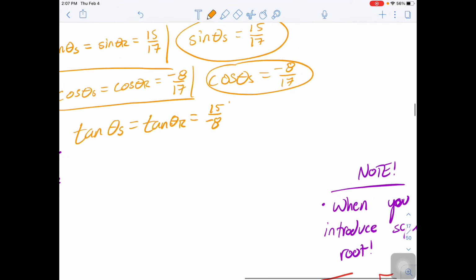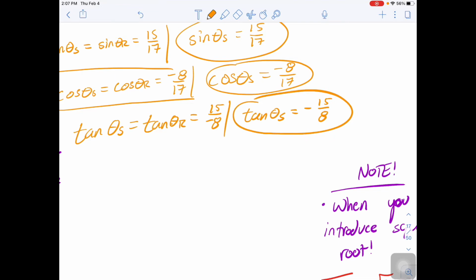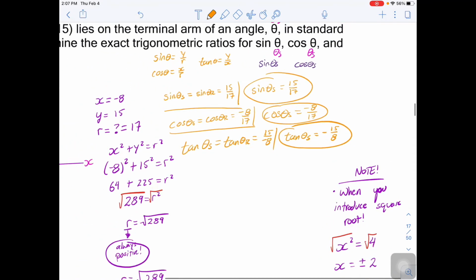Now I'm going to clean that up a little bit. Usually you don't want your negative on the bottom if you don't have to have it. I'm just going to put it beside. So here, my standard angle tan ratio is -15 over 8. And there are your final solutions.